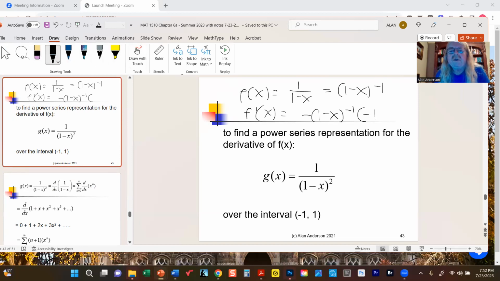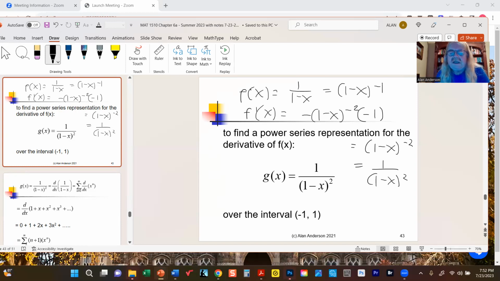But by the chain rule, we also need a negative 1 here. So we end up with 1 minus x to the minus 2 power, which is of course just 1 over 1 minus x squared.